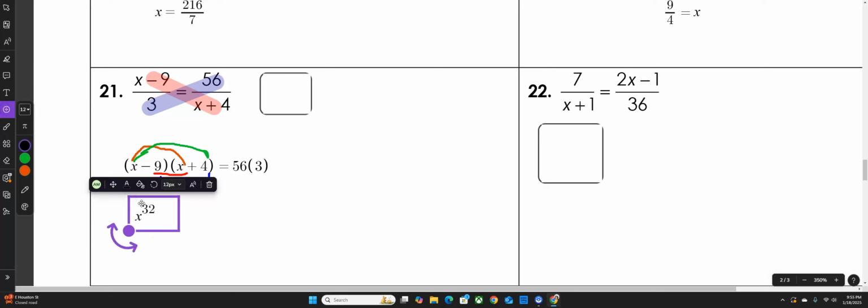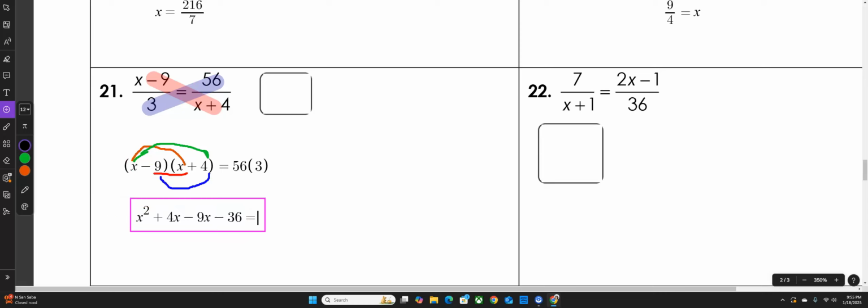And to get the exponent, I hit the caret, which is shift and 6. All right, so x squared, x times 4 is going to be positive 4x. Negative 9 times x is negative 9x, and then minus 36.